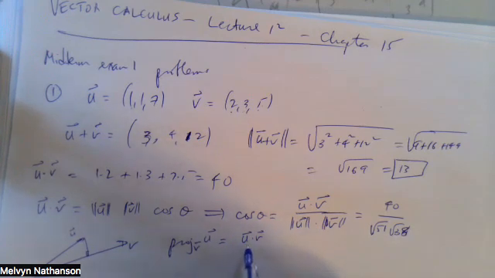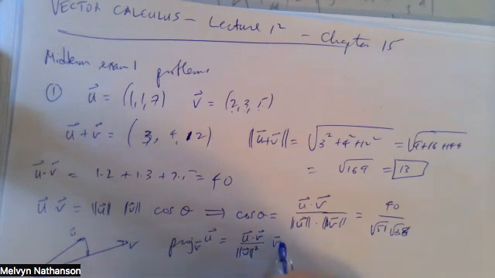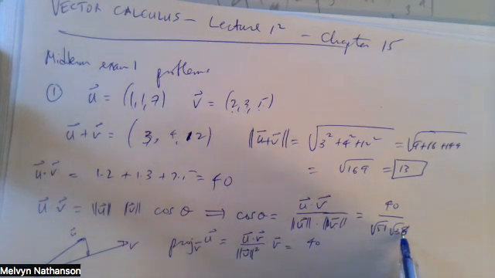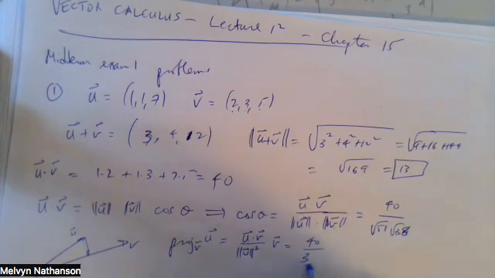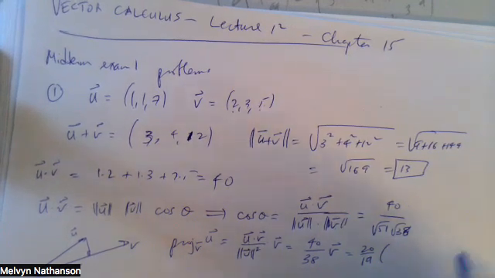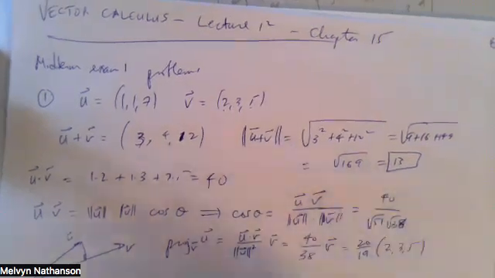It's the dot product of u and v divided by the length of v squared times v. So the dot product of u and v is 40. The length of the vector v is square root of 38. So if you square that, you get 38 times the vector v, which is 20 over 19, times the vector 2, 3, 5.